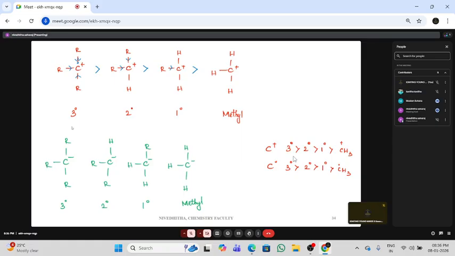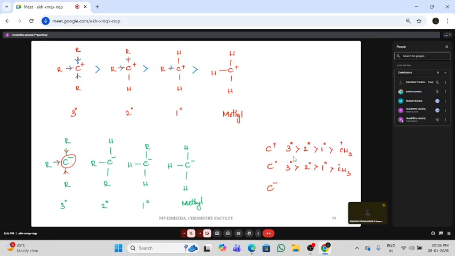Now, all the 3 R groups are pushing the electrons towards the carbanion. Will it be happy then? No, right? Because this carbanion itself is electron rich. That is why it is unstable. All the 3 R groups pushing electrons towards the carbanion make it even more unstable.